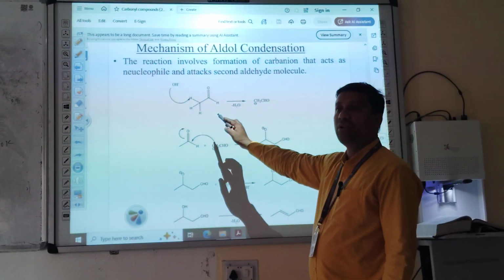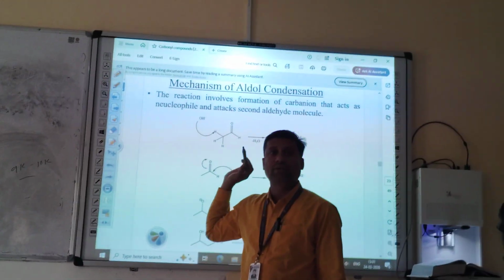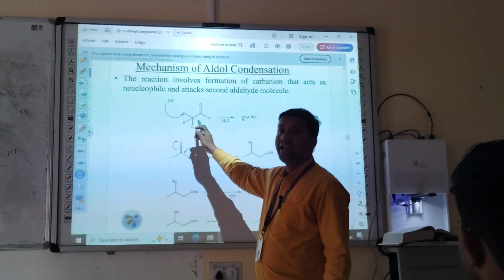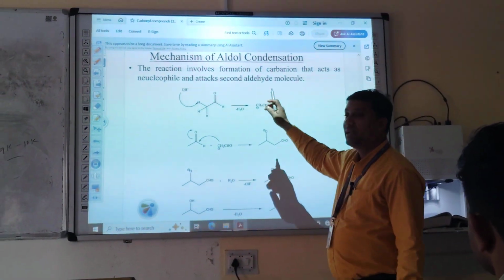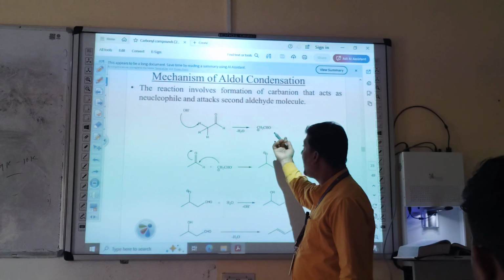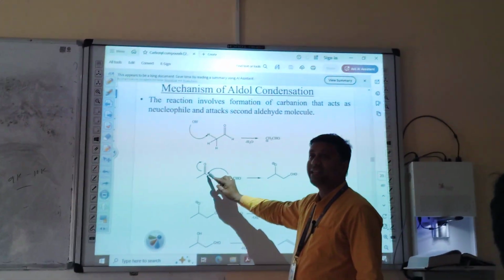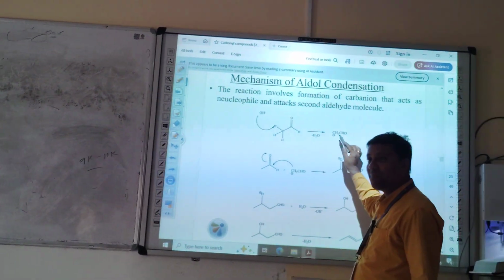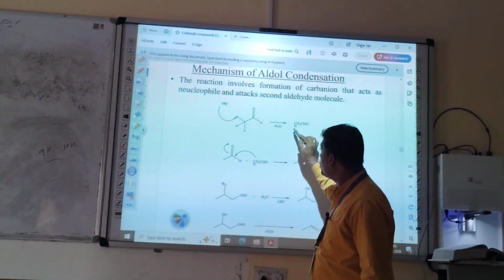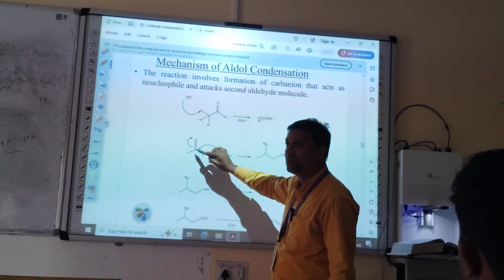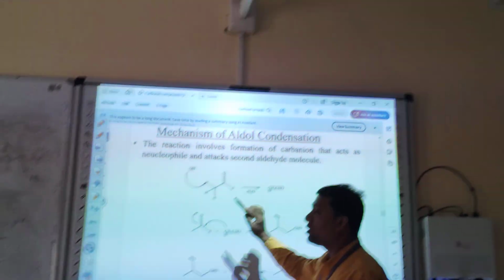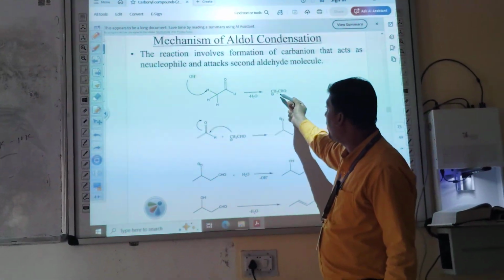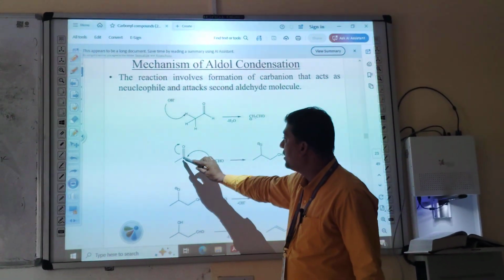The two aldehyde molecules react with each other. First of all, one aldehyde molecule acts as a carbanion, and that carbanion attacks the carbonyl carbon. This is a nucleophile. It will attack the central carbonium carbon. Out of two molecules, one will form a carbanion, and that ion will attack the central C+.